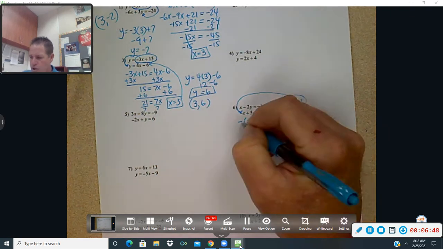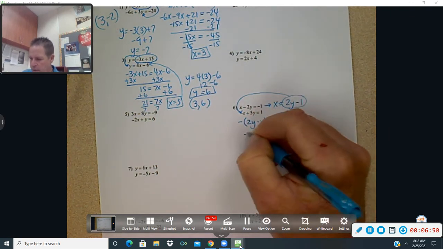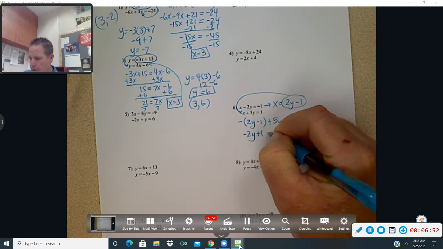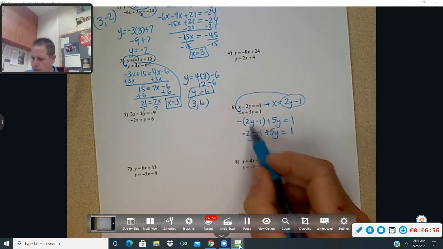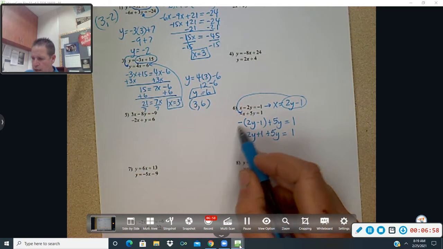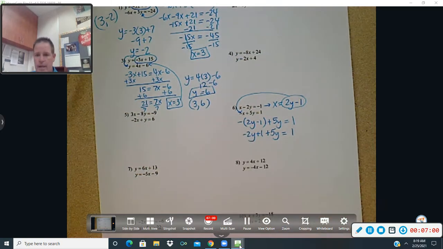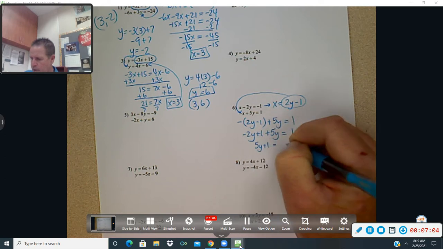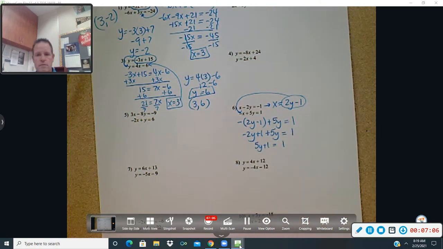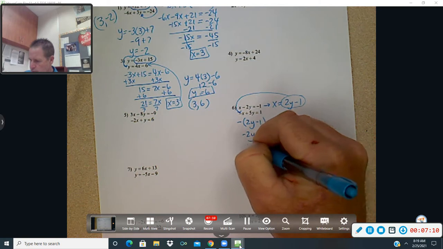All right, so now I distribute the negative, and I end up with negative 2y plus 1 plus 5y equals 1. Again, I just distributed to get the negative 2y and the plus 1. I'm going to combine my like terms to get 3y plus 1 equals 1. Sorry, not 5y, that's going to be 3y.